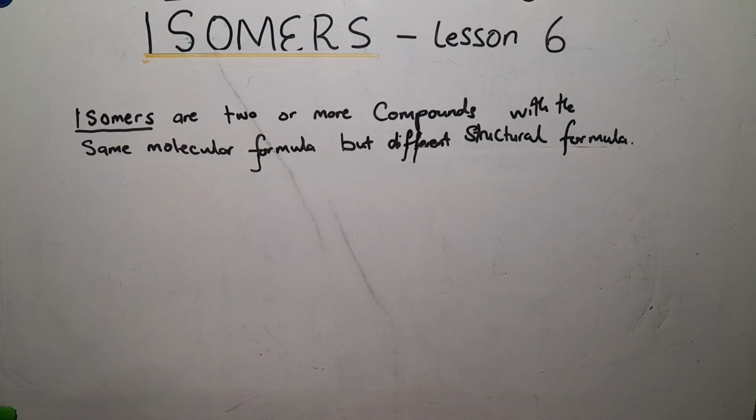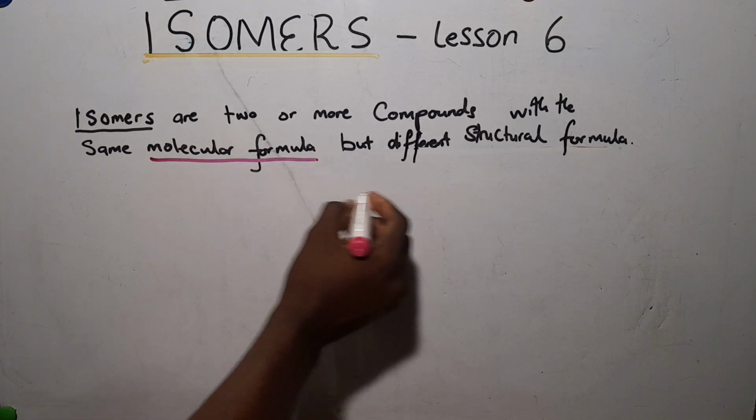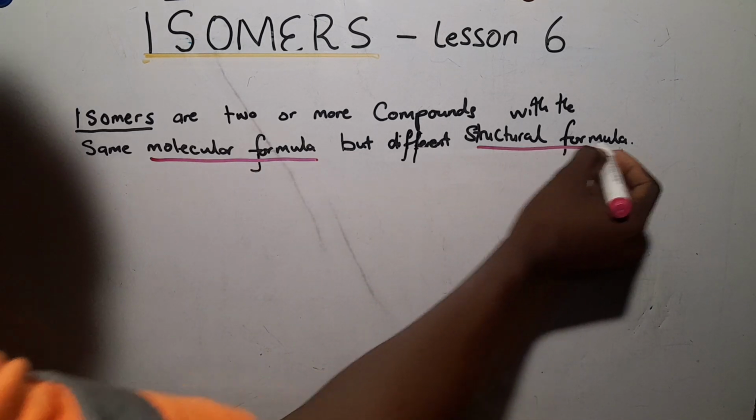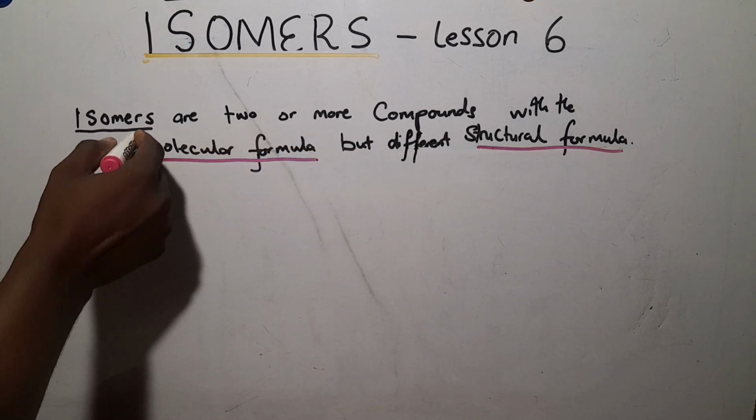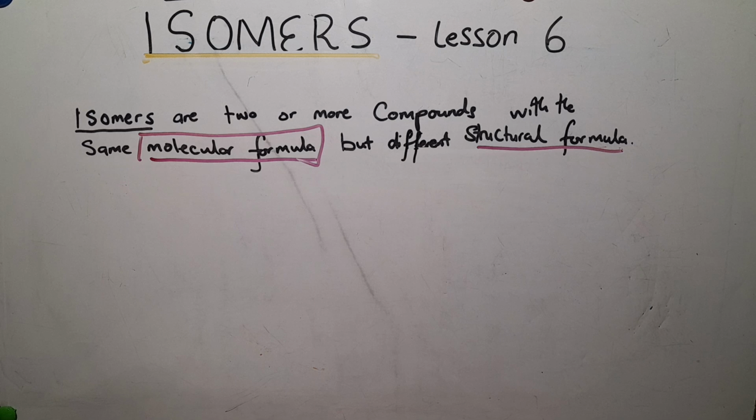So what are isomers? Isomers are described as two or more compounds with the same molecular formula but different structural formula, right? So the molecular formula is the same but the structural formula is different.